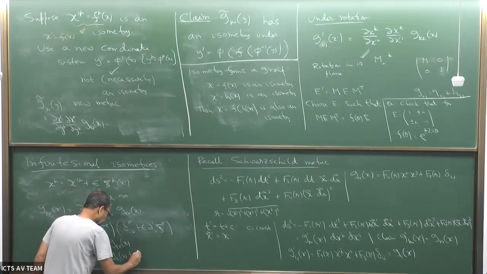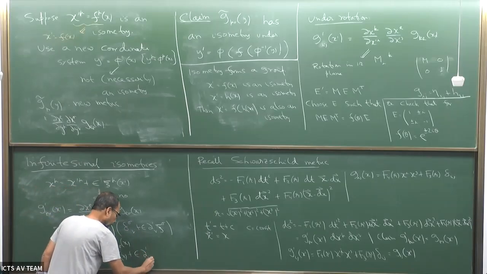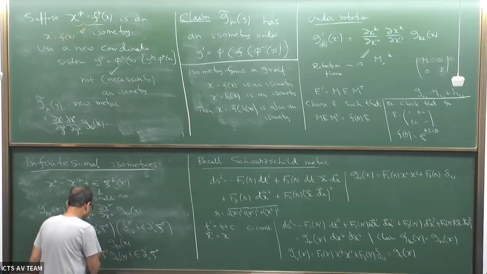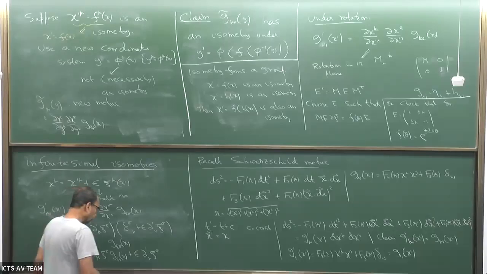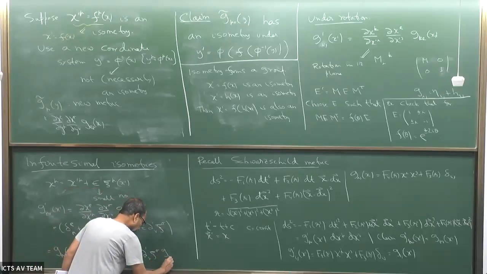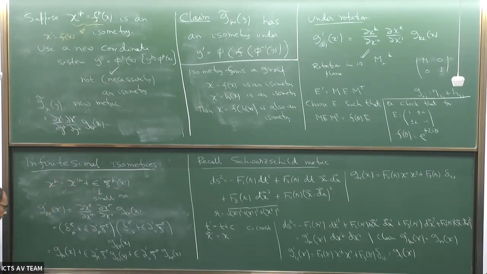Plus epsilon times the derivative of xi sigma, and now we pick the delta rho mu from here, so g mu sigma. So far it's just a general coordinate transformation.